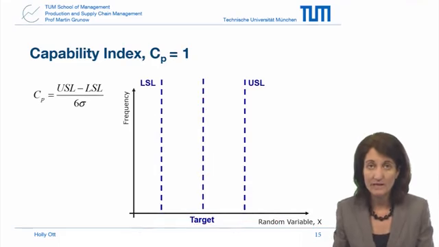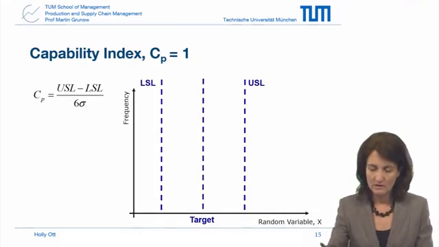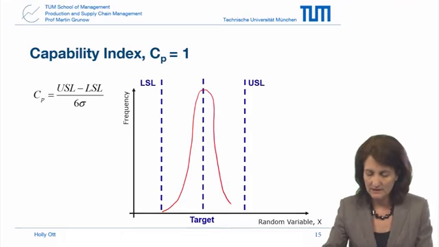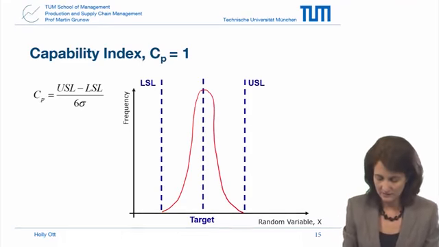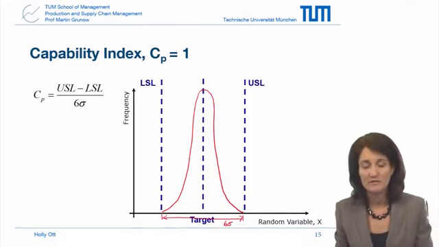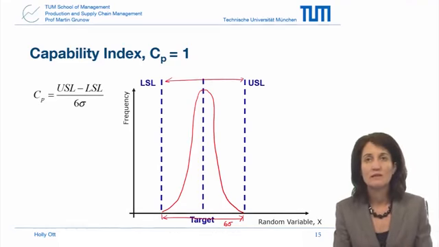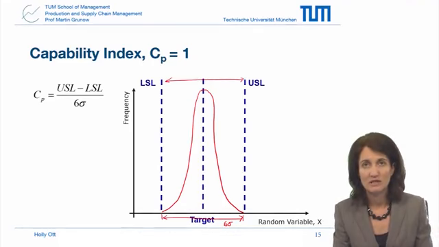For a CP equal to 1, this means that the distribution would be exactly within the spec. So 99.73% of your values would be contained exactly within the specification limits.